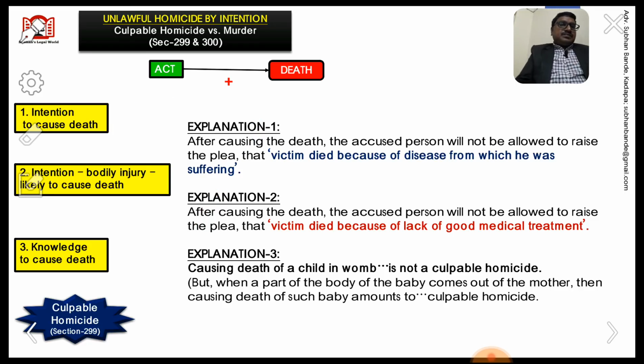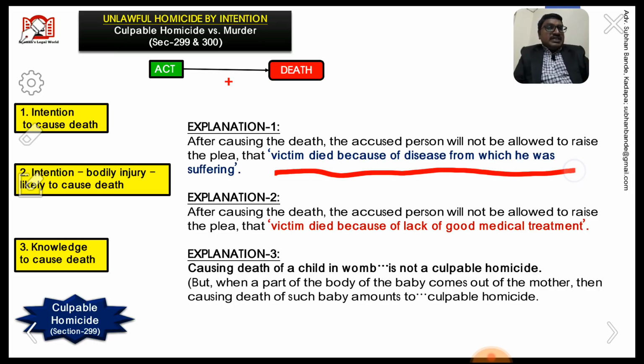Let us see the three explanations given under Section 299 of the Indian Penal Code. Explanation 1: after causing the death, the accused person will not be allowed to raise the plea that the victim died because of the disease from which he was suffering, not because of my act. No, the court never accepts this kind of plea.